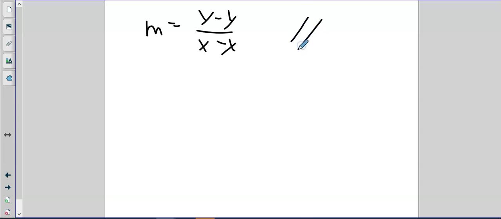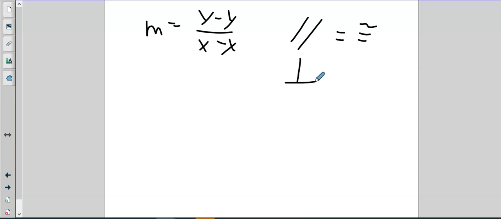And that's it. All right, so extra review for the test. Slope is y minus y over x minus x. You'll be able to use the formula to calculate that. Remember that parallel slopes are congruent.